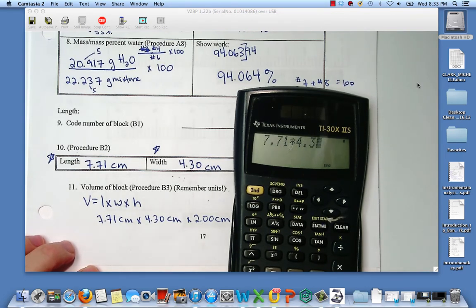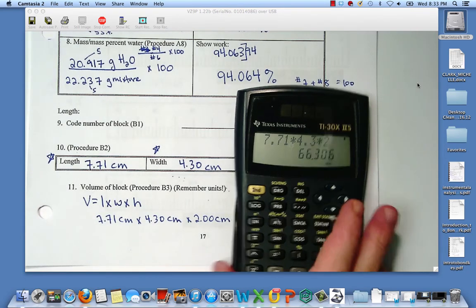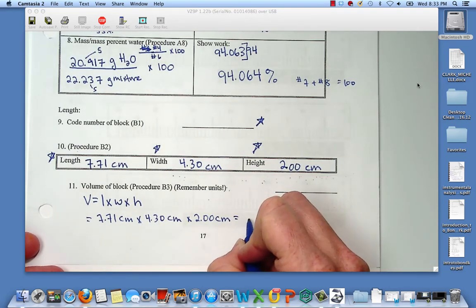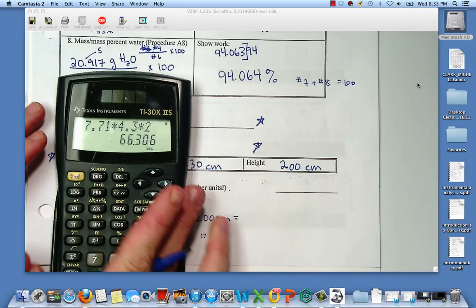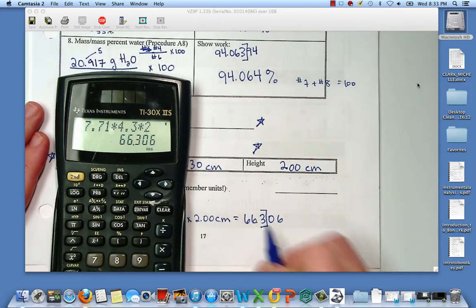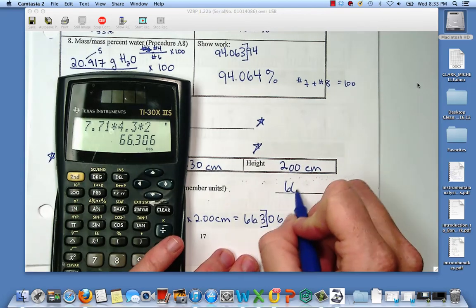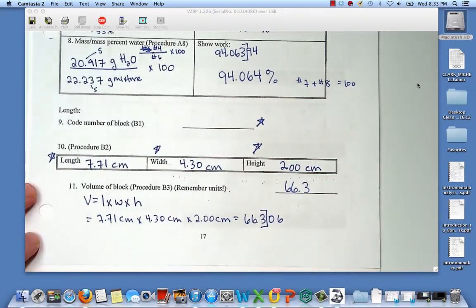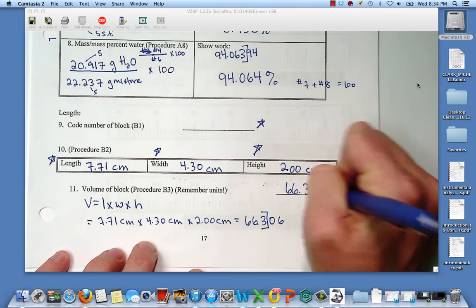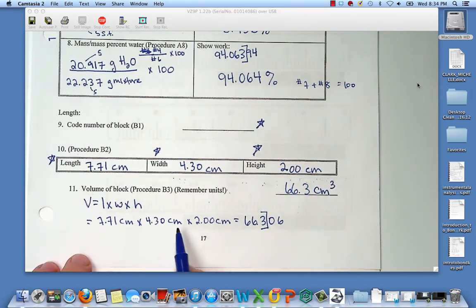Multiplication. 3 sig figs. So your answer cannot have more than 3 sig figs. So this 66.306 adjusts to 66.3. Now, what are the units on this? Centimeters cubed. So centimeters times centimeters times centimeters gives you centimeters cubed.